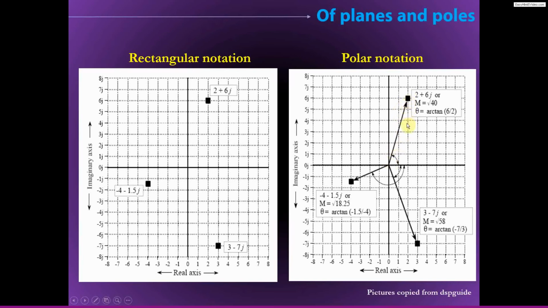And then we can drop a line, project down to the real axis, and draw a right angle here, so this is a right triangle. And now we can apply the Pythagorean theorem. We can say that the length of this line is the square root of a squared plus b squared, or 2 squared plus 6 squared. 2 squared is 4, 6 squared is 36, and so the square root of that gives us 40, and then the length of this line is the square root of that. So this is a squared plus b squared equals c squared.